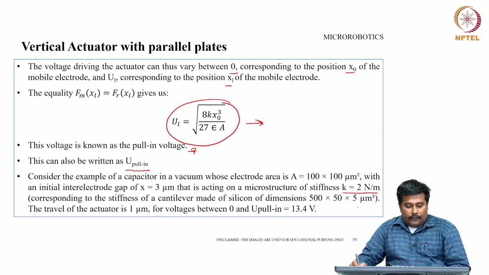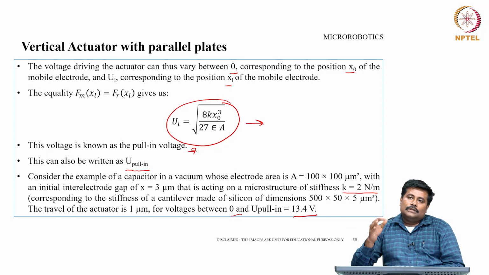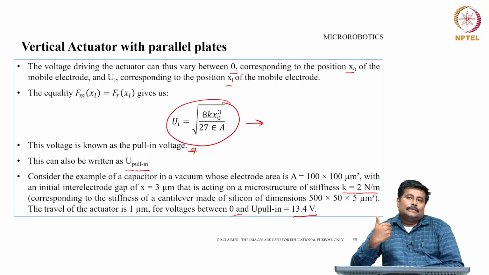So, the travel of the actuator is 1 micron for a voltage between 0 and a pull-in voltage of around 13.4 volts. Ideally this gives clarity on what the operating voltage will be and how much displacement is expected when the operating voltage is applied to this system.